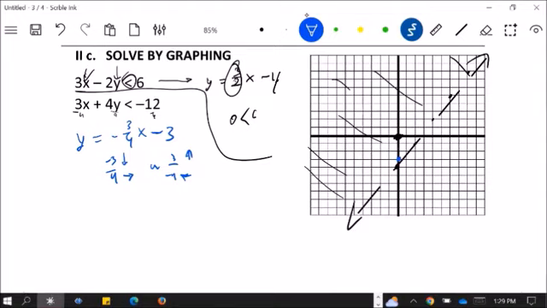Let's start off with going up 3 and over 4. Now come back down here and go do this one, which is down 3 and over 4. And that's also a dashed line.